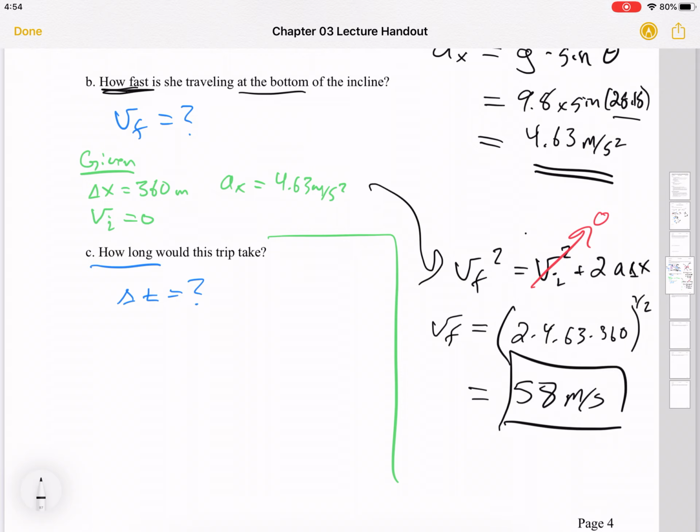So how long would this trip take? I just need another kinematics equation. In fact, either of the other two will do it now. Now that I know V final, let's do this one.